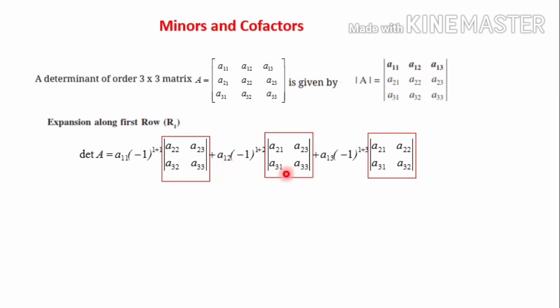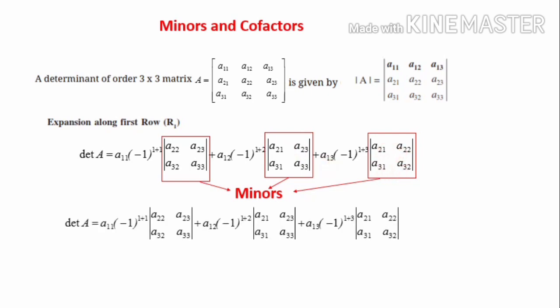The balance determinant is written here, and the last step, in A13 we have eliminated that particular row and column. We have written here the balance elements as determinants, and these three determinants are called the minors. The minor of A11 is this determinant, the minor of A12 is this determinant, and the minor of A13 is this determinant.